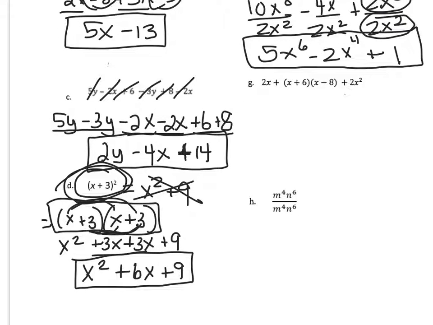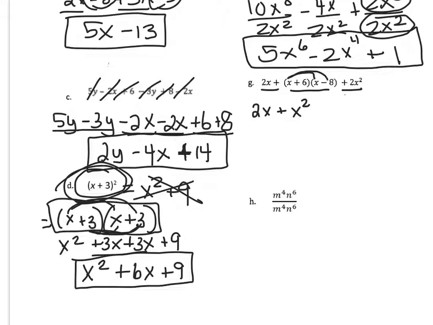Now letter G was tricky because you had some addition going on here and some multiplication going on in the middle. And if you remember PEMDAS, you have to take care of multiplication before you can take care of addition. So I brought this 2x down, and then I double distributed here. X times x gives me x squared.